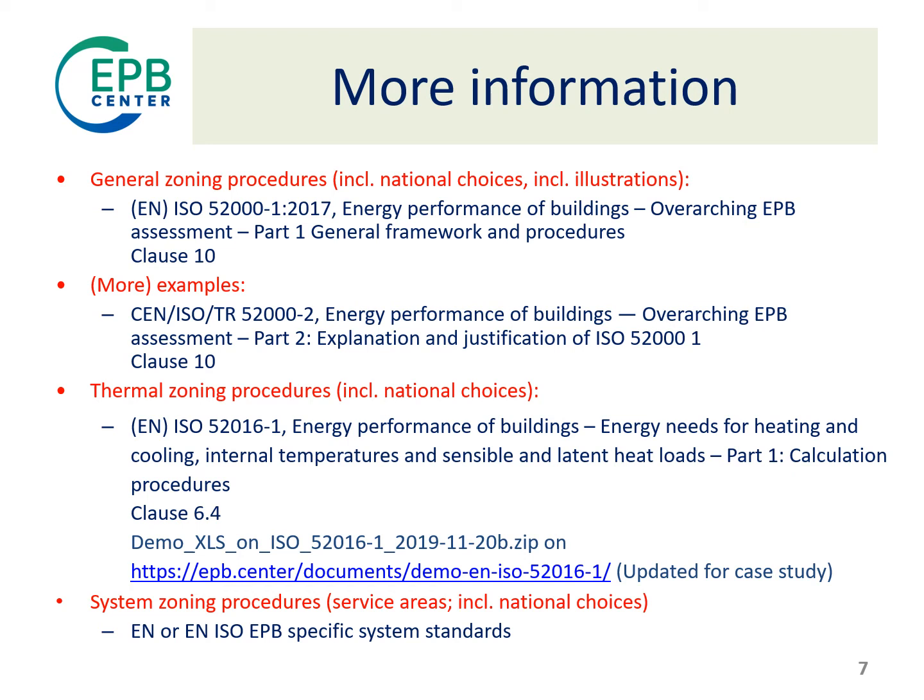Then EN ISO 52016, Part 1, gives specific rules for thermal zoning. Note that there is a spreadsheet available with an example on the EPB.Center website. In other EPB standards, you can find zoning rules when applicable for the specific service systems.